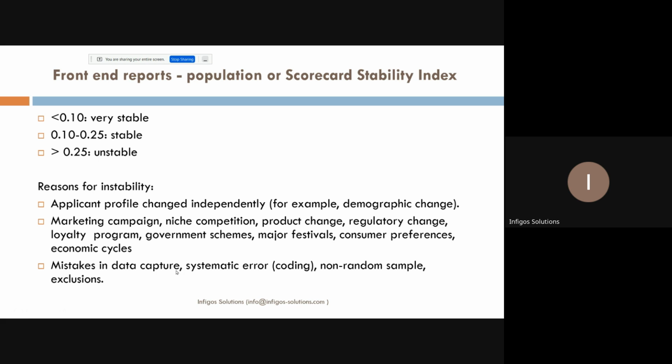So all these could be possible reasons for having an unstable result from the PSI.